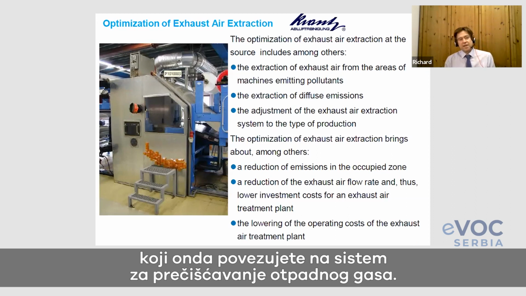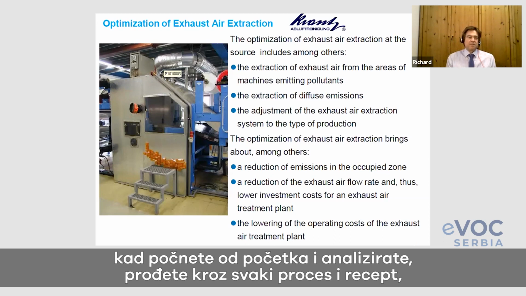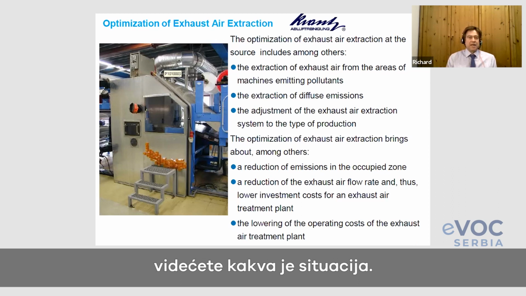So you will see, if you do the solvent mass balance for the first time, and you go to each station, to the processes, to the recipes, you will analyze your process and you will see where your situation is.